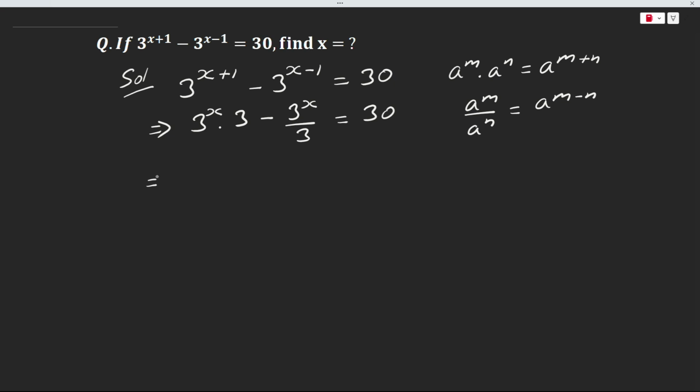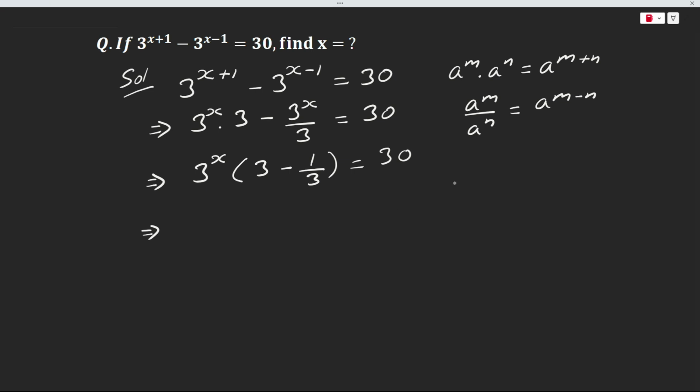This equals, now in these two terms the common factor is 3 raised to the power x. So taking out the common factor from these two terms, we can write this as 3 raised to the power x times 3 minus 1 by 3 equals 30.